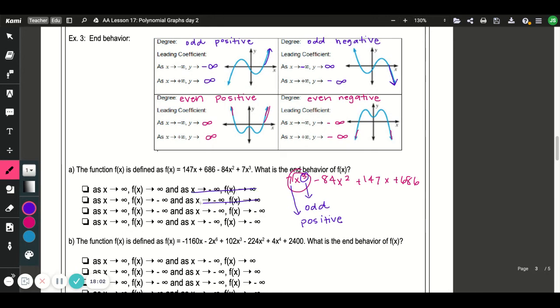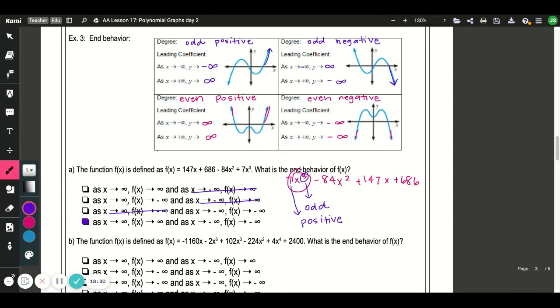Okay, maybe that. X goes to negative, y goes to negative. Okay, maybe that. So let's look at the other side of the graph. As x goes to positive infinity, y also goes to positive infinity. So as x goes to positive infinity, this one says y goes to negative. Nope, that doesn't work. So here it is.